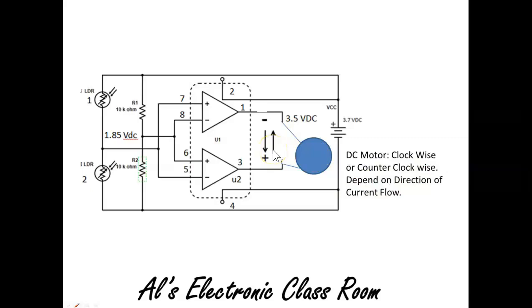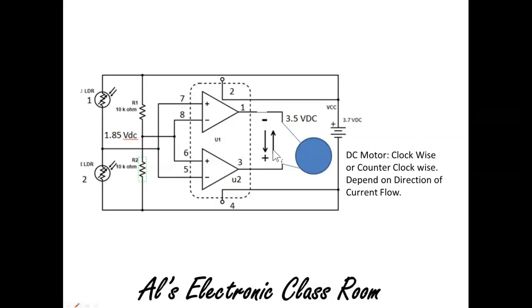So when the current flow is flowing in one direction, the motor will turn this mini solar panel clockwise, and when we shine a light on the opposite LDR, it will go counterclockwise.